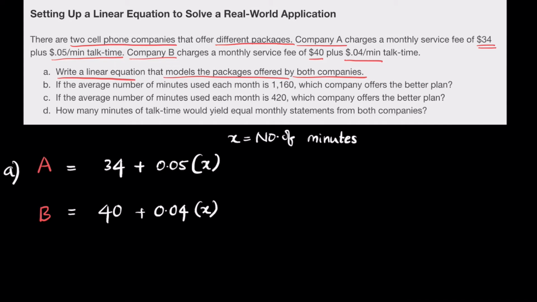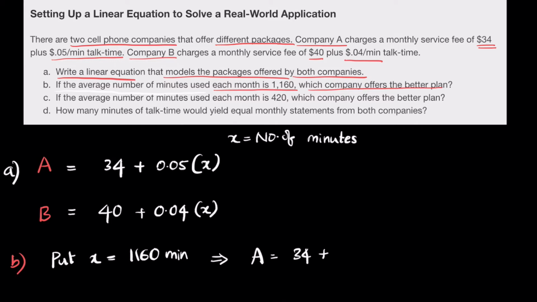Next, B. If the average number of minutes used each month is 1,160, which company offers the better plan? So what do you have to do here? Put X equal to 1160 minutes and calculate the value of A and B. A is 34 plus 0.05 times 1160, and B is 40 plus 0.04 times 1160.